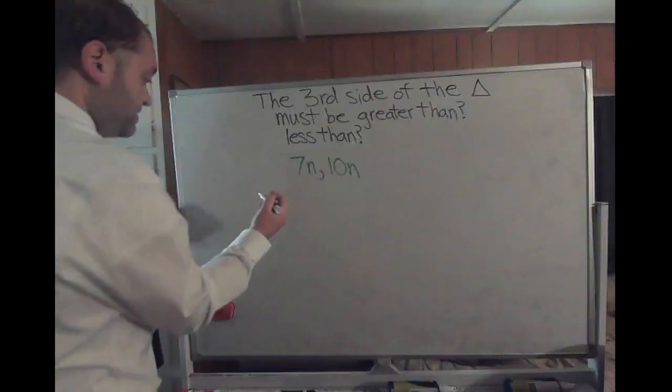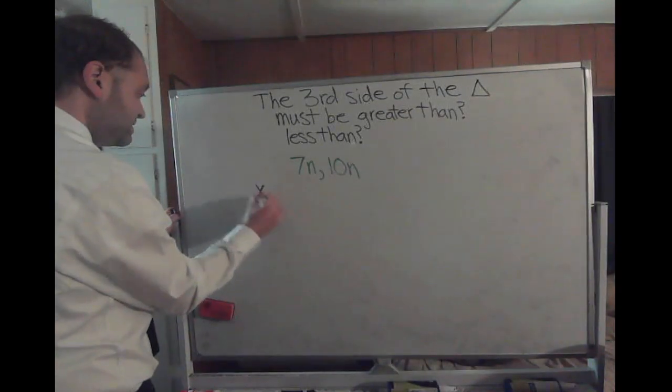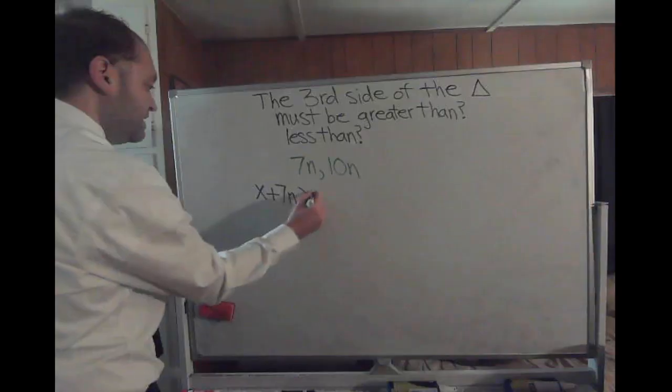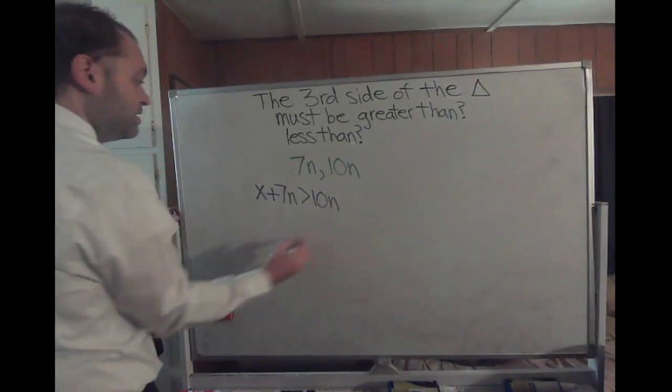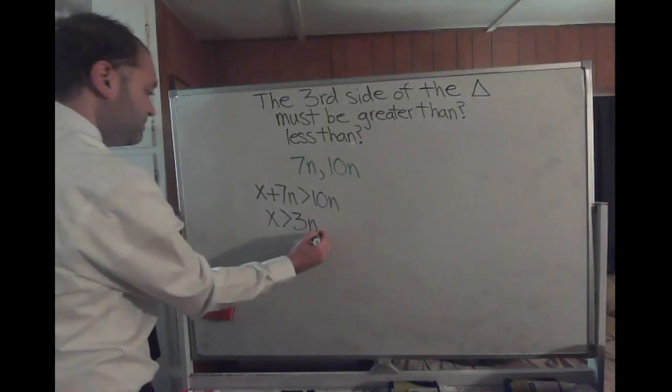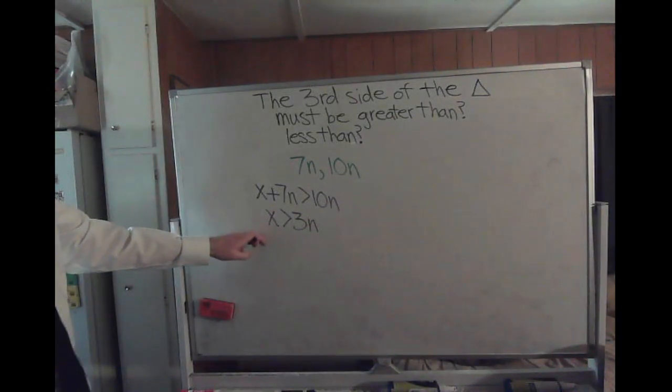Alright, so first, again, you'll take your x plus your 7n, you'll set that greater than 10n, which means then that x would have to be greater than 3n. X is greater than 3n.